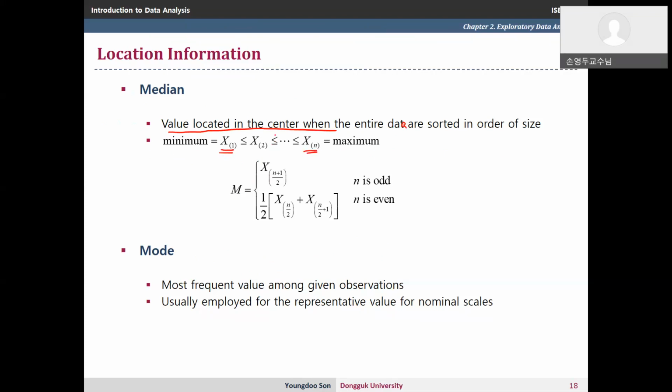Then the value in the center is the median. If the number of observations is odd, then the median is defined as x (n plus 1) over 2. So if we have 5 observations, in other words, n equals 5, then x (5 plus 1) over 2, x3, is defined as the median, the centered value.